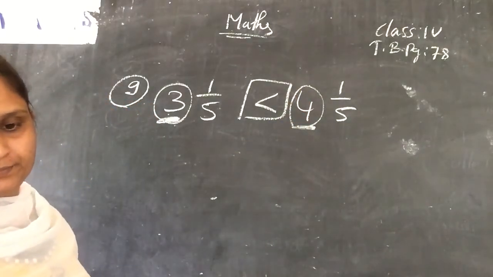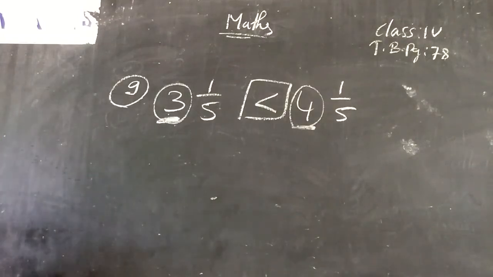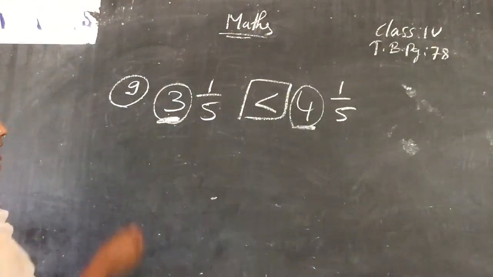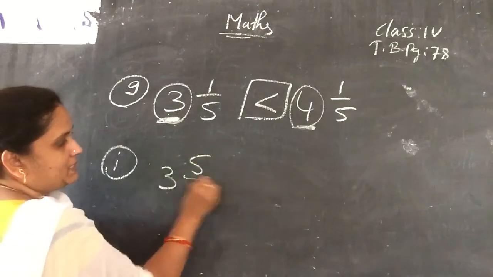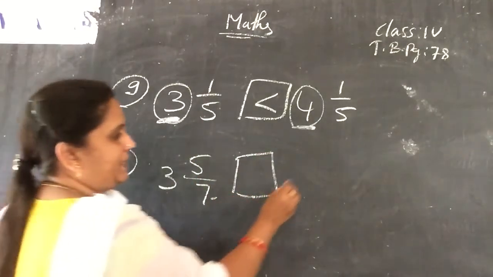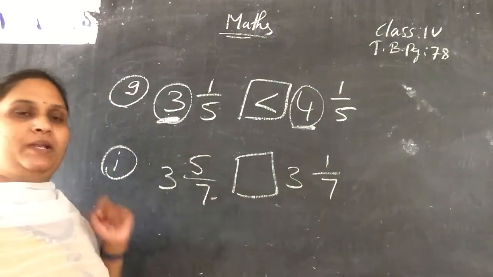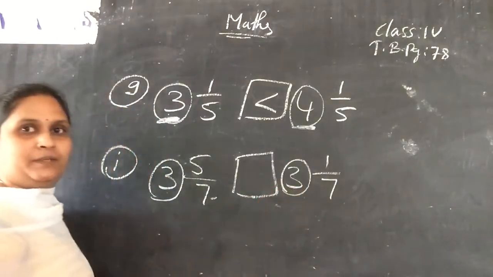Next, if the whole numbers are the same, for example, 3 5 by 7 and 3 1 by 7. Here the whole numbers are also the same, 3 and 3.